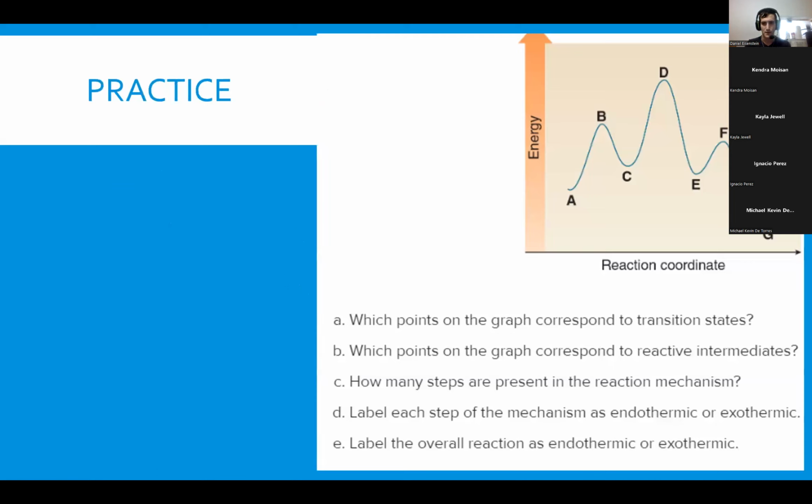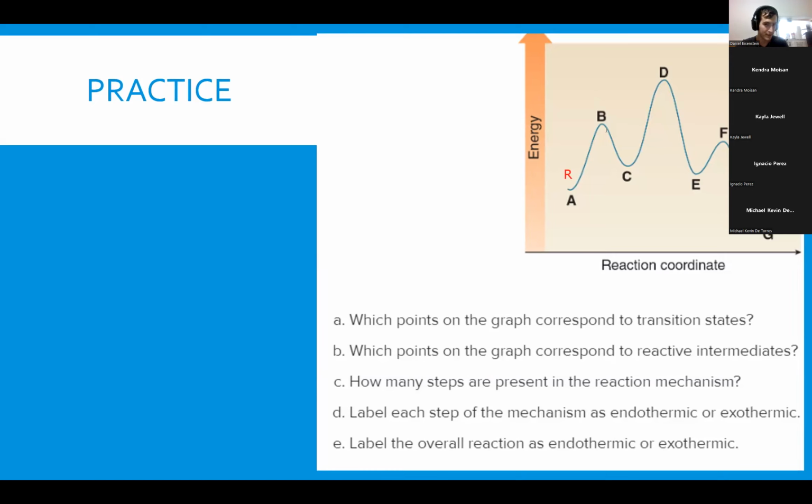First of all, let's write our reactants, our products. Everyone agree? Okay. Now, B or C?